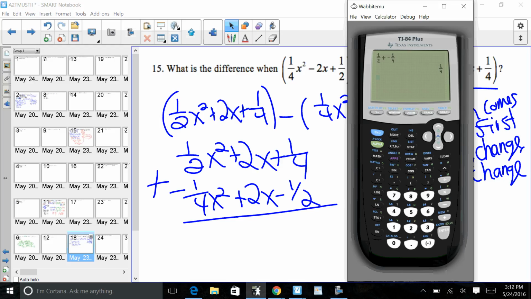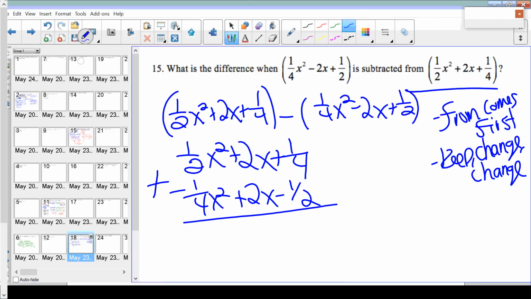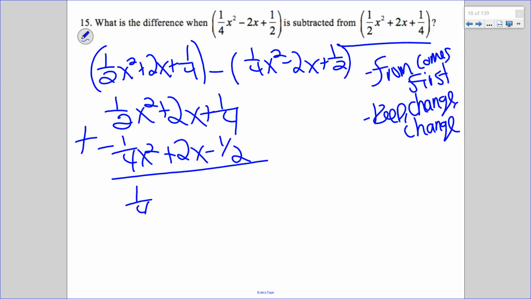And then 1/4 plus negative 1/2 is negative 1/4. So my answer is 1/4 x squared plus 4x minus 1.